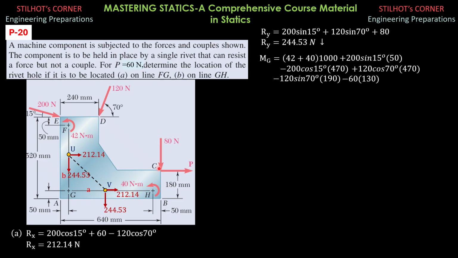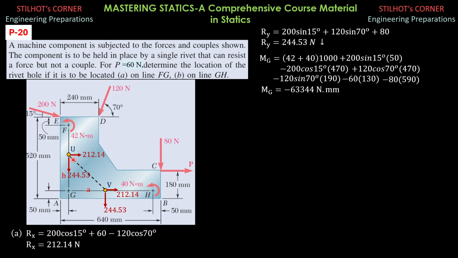Then finally, 80 is clockwise, so minus 80 times the moment arm 640 minus 50, that's 590. So minus 80 times 590. So everything is accounted for. Computing, MG is equal to negative 63344 newton mm.